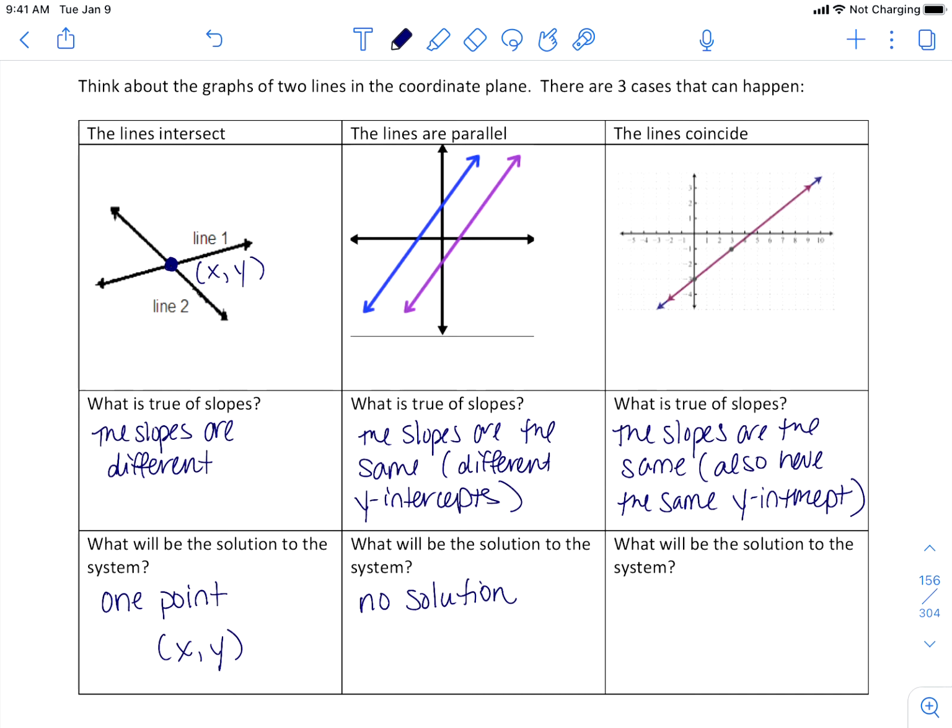And what will the solution to the system be? This is going to be infinitely many solutions. So it's all along the line. Okay?